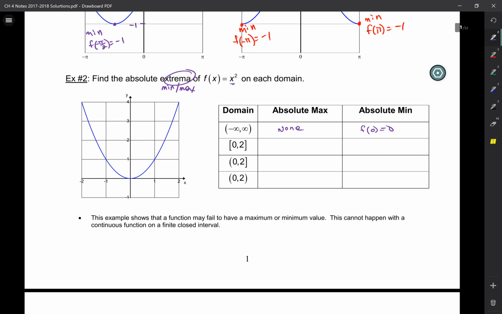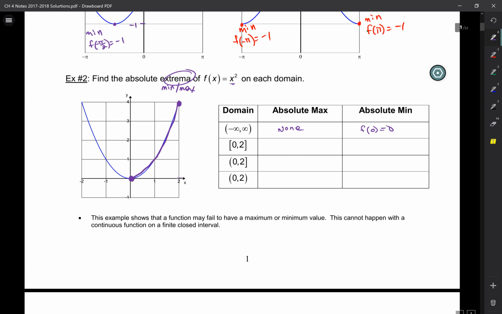Now, the next one is from 0 to 2 inclusive, right? Isn't 2 lower than that? Oh, you mean on the x? Right, 0 to 2. So this is the graph that I'm looking at.